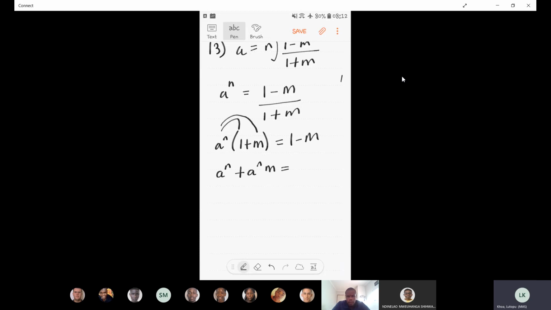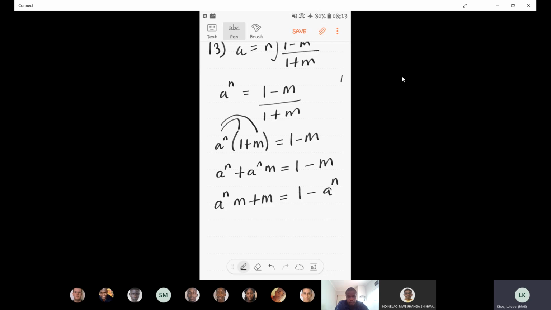This is equal to 1 minus m. And then you collect all the terms with m on one side, all the terms that do not have m on the other side. So you'll have a to the power of n m plus m. This is equal to 1 minus a to the power of n.